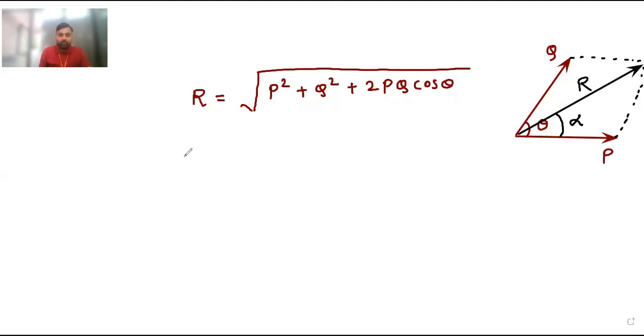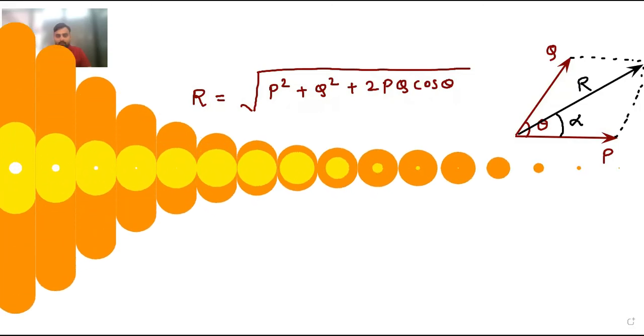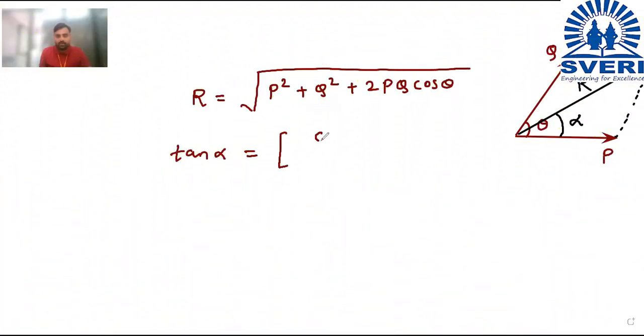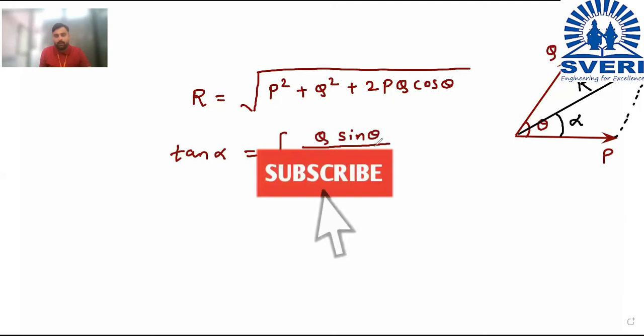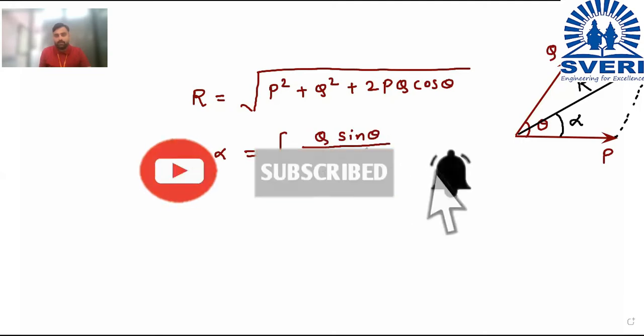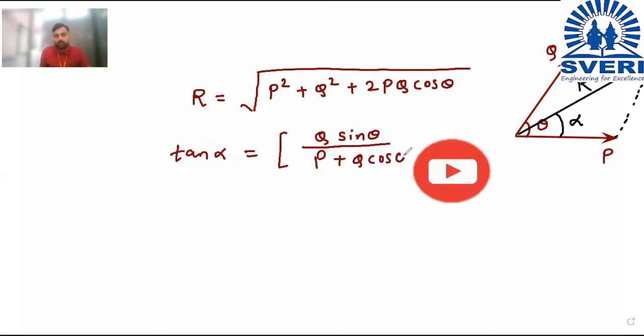And what is the formula for alpha? Tan alpha is equal to Q sine theta divided by P plus Q cos theta. This is our formula to find out alpha. When you use tan inverse, you will get the value of alpha.